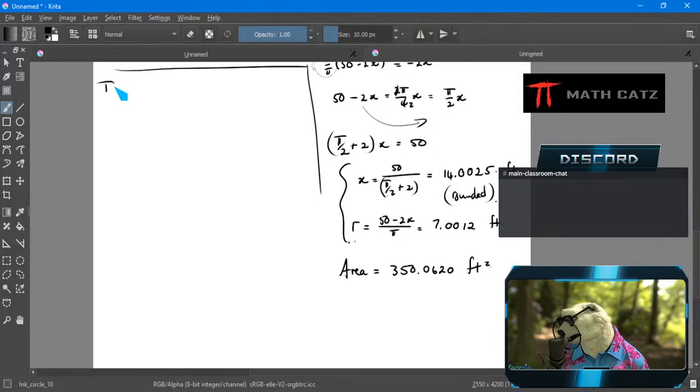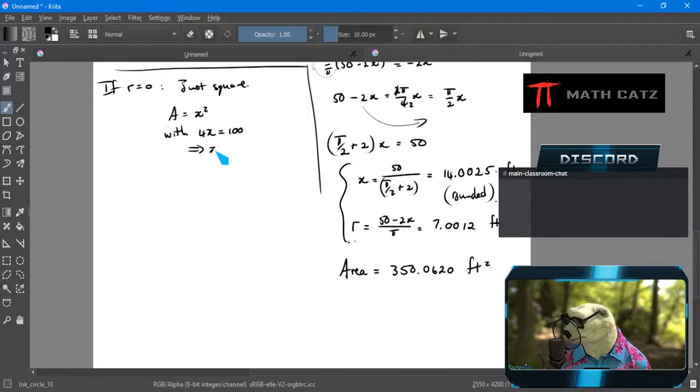So let's say here, if r is equal to 0, that means I have just the square and the area is x squared. The circumference restriction is 4x equals 100. That means x is 25. Fixed. There's no function even. That means the area is 25.